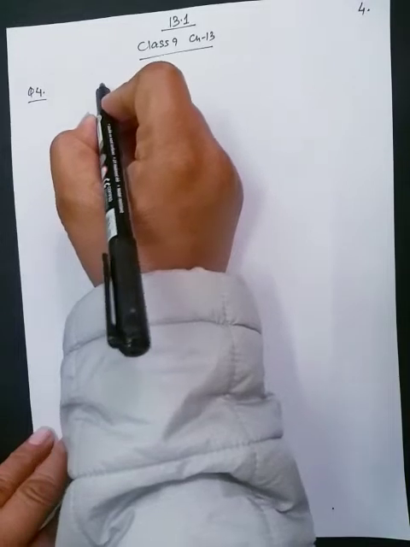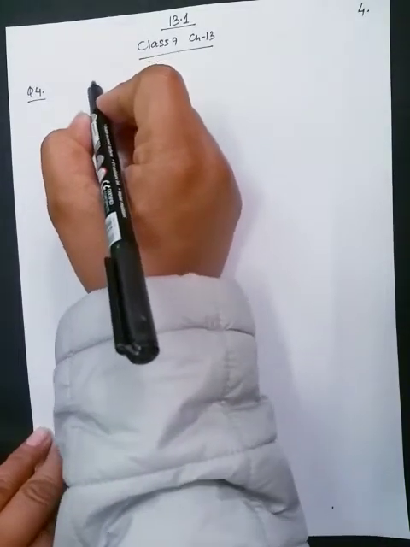The paint in a certain container is sufficient to paint an area equal to 9.375 meter square. How many bricks of dimension 22.5 centimeter into 10 centimeter into 7.5 centimeter can be painted out of this container? Meaning, there is a container which has paint and we have to paint some bricks.